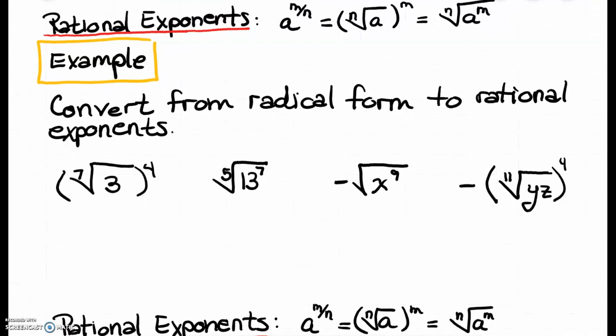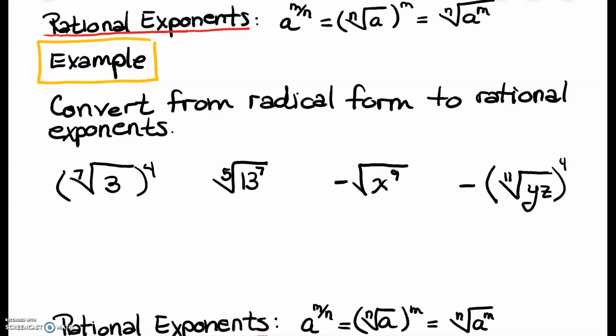All right, so the next group of problems says that we need to convert from radical form to rational exponents. So now we're going to go backwards. We're given a radical, and we need to convert that radical back to rational exponents. Well, in the previous examples, we found that the index is the denominator of our rational exponent, and the power is the numerator.